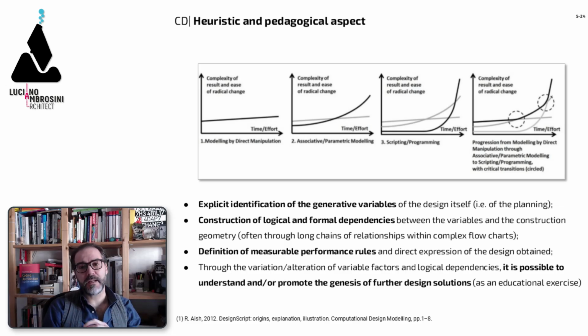Computational design can easily build logical dependencies between variables and the construction geometry, often through long chains of relationships within a complex flowchart. I'm referring to flowcharts because I have clearly in my mind a sort of node logic that comes from visual programming languages.